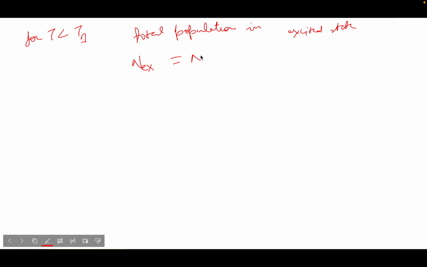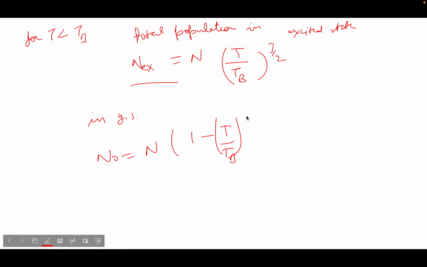Now for temperature less than Tb, the total population in excited state N excited is equal to the total number of particles N times (T divided by Tb) to the power 3/2. And in ground state, N naught is equal to N times [1 minus (T by Tb) to the power 3/2], for temperature less than Tb. So these are all important formulas.